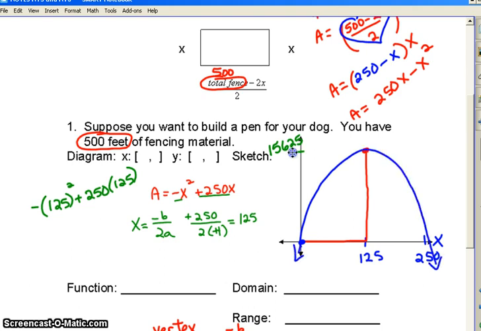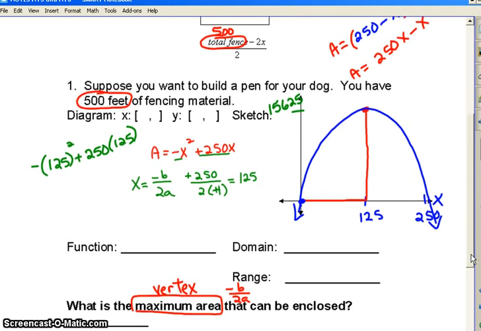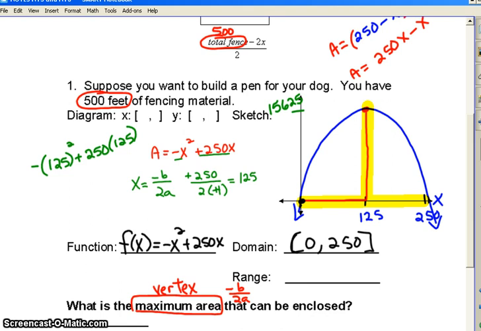So this is what your parabola would look like. The function f of x is equal to negative x squared plus 250x. The domain is from 0 to 250. The range is going to go from 0 to 15,625.